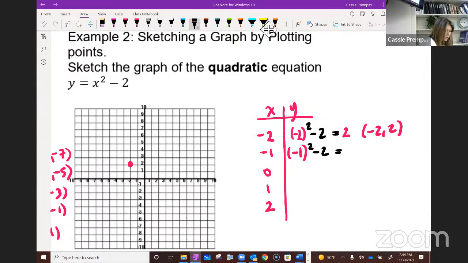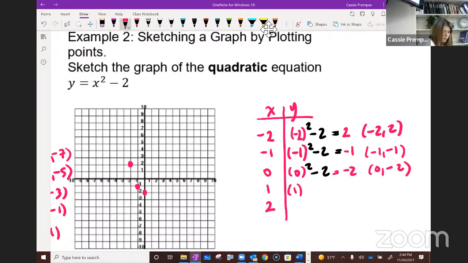What is -1 squared? 1. What's 1 minus 2? 1 minus 2 is -1. Good. So I'd have -1, -1. And I'd have to plot that. Plug in 0, and I have 0 squared minus 2 would give me -2. So I have the ordered pair 0, -2.